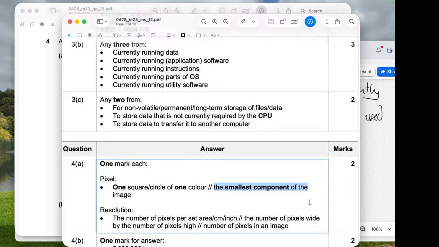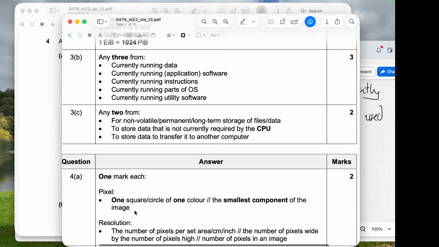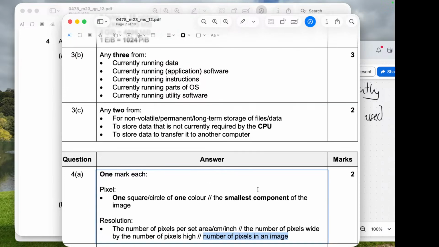I always just go for the smallest component of an image. And then the number of pixels per set area, or I usually just go for the number of pixels in an image for the resolution. But you can do the width versus the height and all that type of thing as well. So actually, they're quite nice, easy definitions, really.